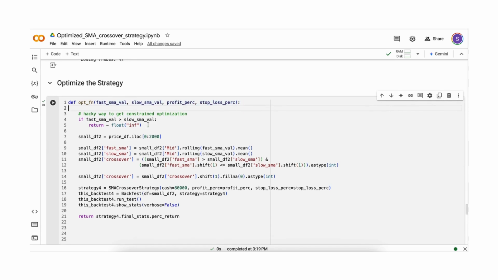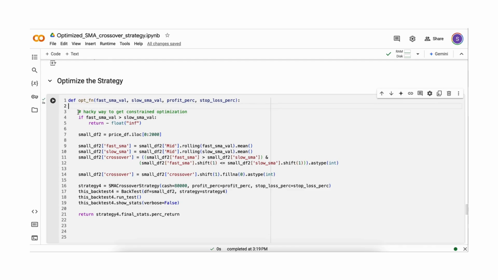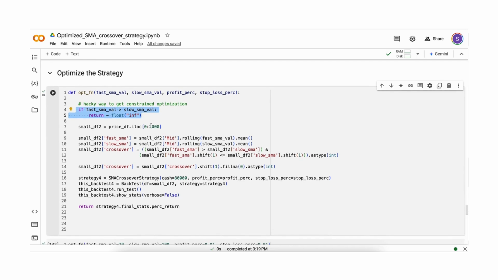And we do this hacky thing to get a constrained optimization problem. It is not possible for the slow SMA value to be smaller than the fast SMA value, so we return minus infinity if that happens in order to get a constrained optimization. That's our hacky way to get a constrained optimization.